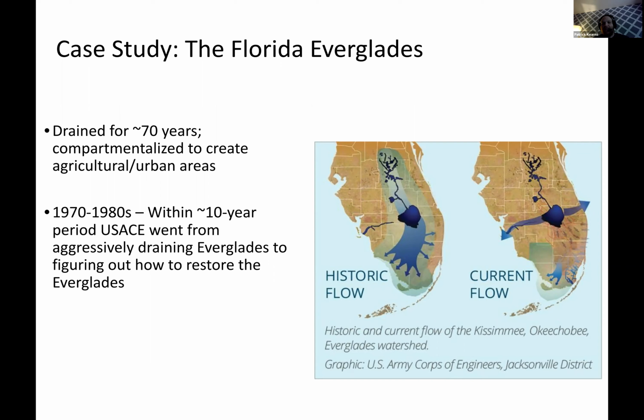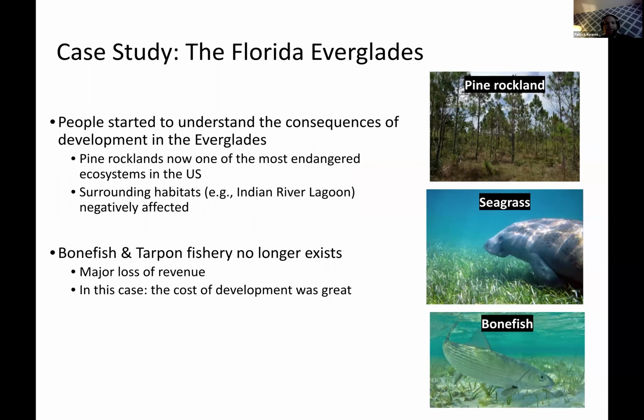And I hope after hearing about those four ecosystem services, they're going through your brain how changing the flow of this massive ecosystem affected the valuation in the economy of Florida. So let's talk about this. People are starting to understand the consequences of the development in the Florida Everglades.